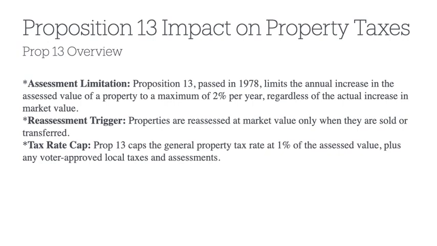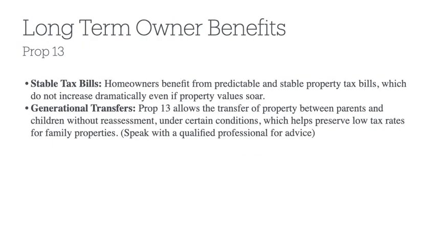Proposition 13 caps the maximum tax rate at 1%. So unless something changes Proposition 13, which there is litigation or there's bills coming through trying to kind of sidestep that so that the state can charge more than 1%, it's going to be stuck at 1% and then 2% for the increase annually.